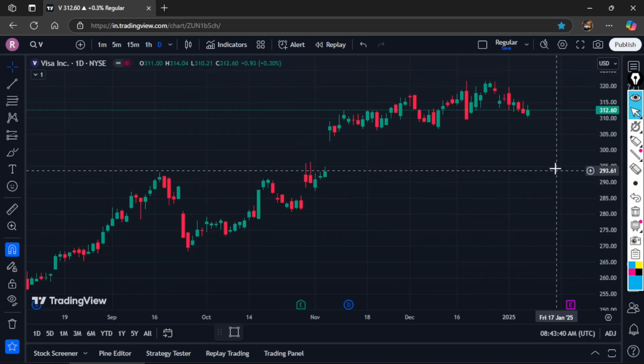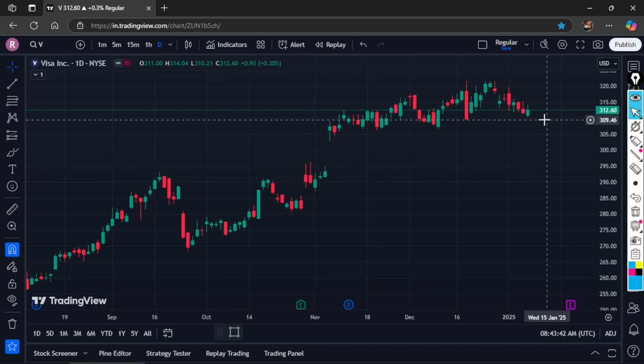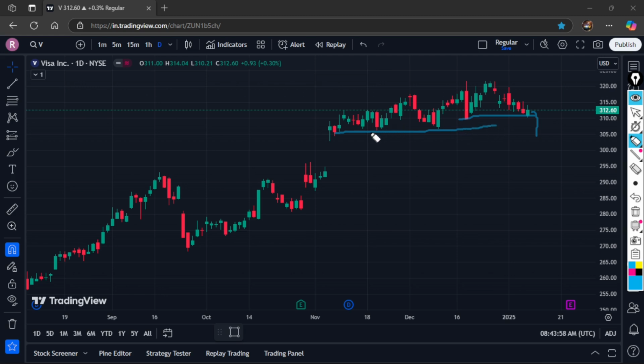Here in we are just going to wait here. Why? Because if the price goes upside, then we are not interested. But if we wait, and if it opens gap down and goes downside, then we can make a trade plan here. And here you can see that this level is not so important because it has been touched multiple times.